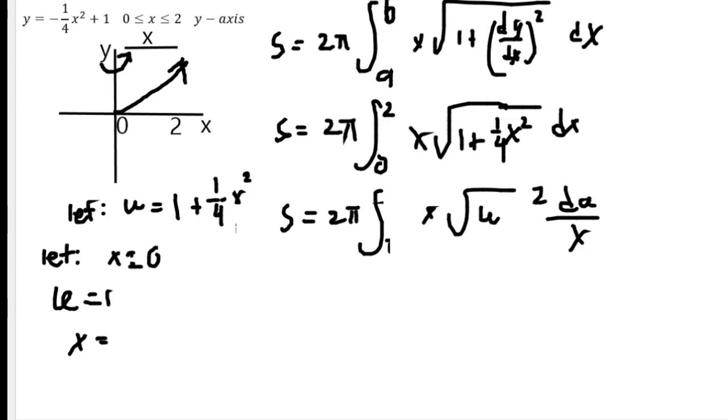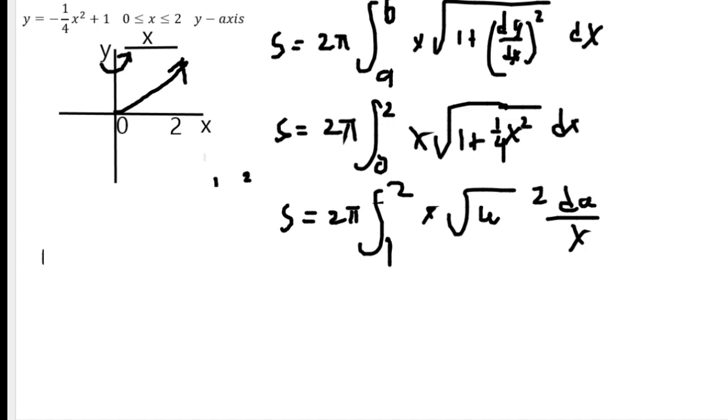So that's going to be our first. And if we plug in 2 in our equation, we're going to get 2, because we have 1 plus 1. Okay, now we are done with those things.